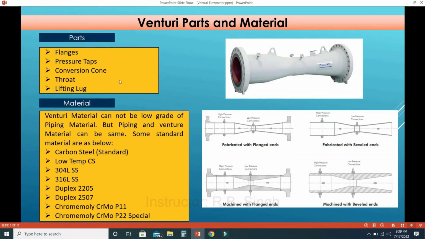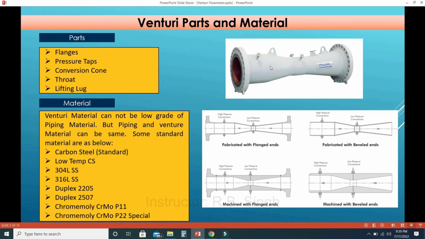You can see this is the flange of the inlet side, this is the outlet side flange, this is the lug, this is also a lug, this is the downstream or low pressure tapping, and this is the upstream tapping. This is the straight cylinder.